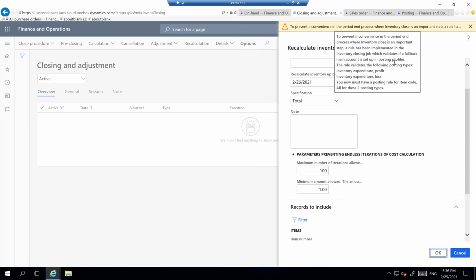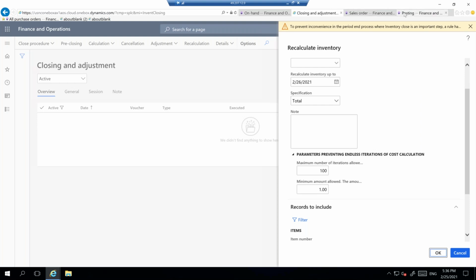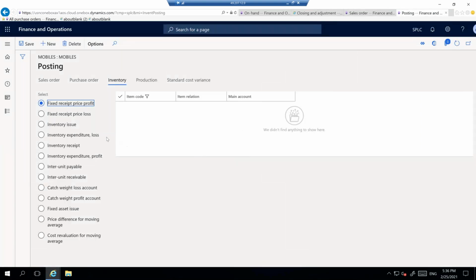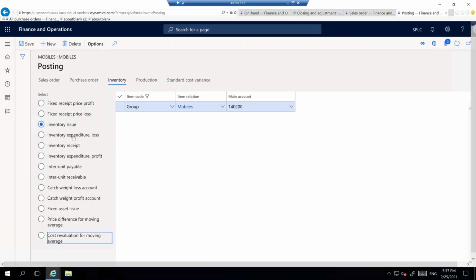Okay, we have mapped it correctly. We have mapped now. It is there.